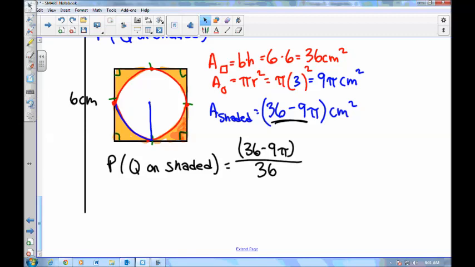Please put 36 minus 9 pi in the numerator. Type it in. The quantity 36 minus 9 pi divided by 36. Chibs, let me know when you have your probability.